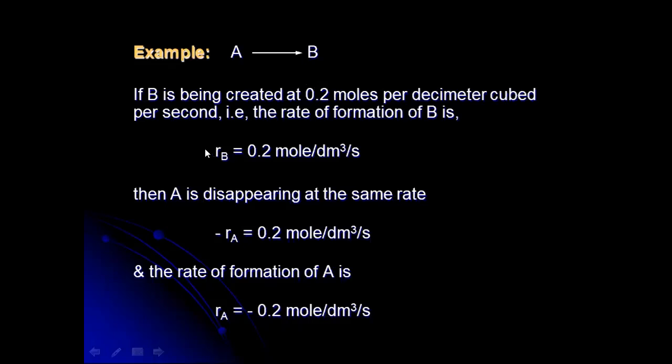So you place a negative sign here, and this would also be negative. This one here is negative since A is really disappearing, so this is positive. But if it's to be expressed in terms of formation, you see that this one will be positive and this one will be negative. Okay?